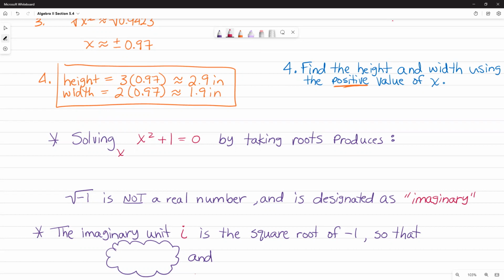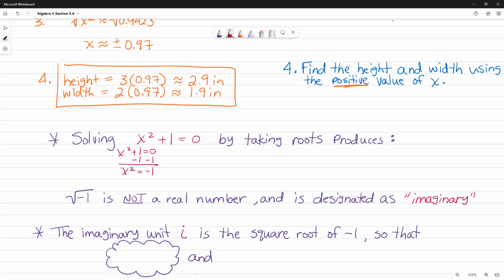You move that 1, and you end up with x squared equals negative 1. Now, any number squared cannot equal a negative number. We've talked about this in class.